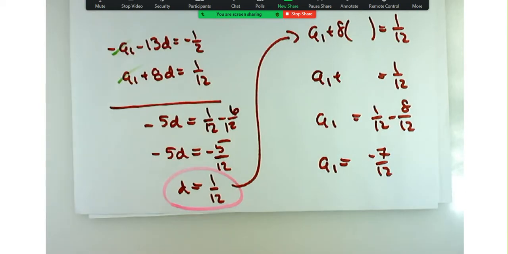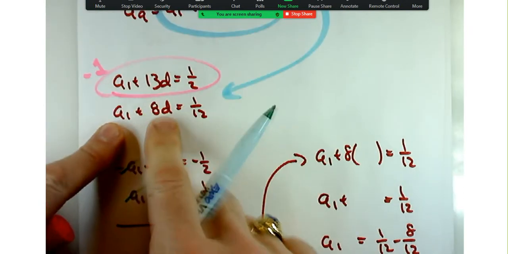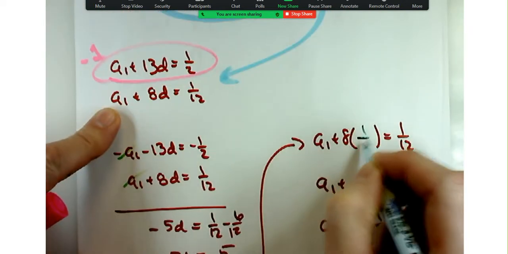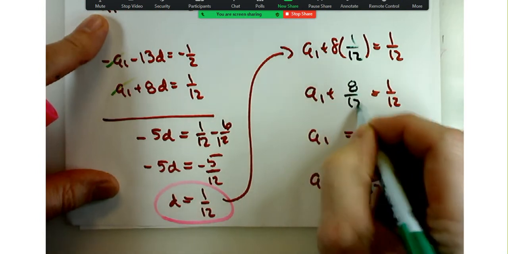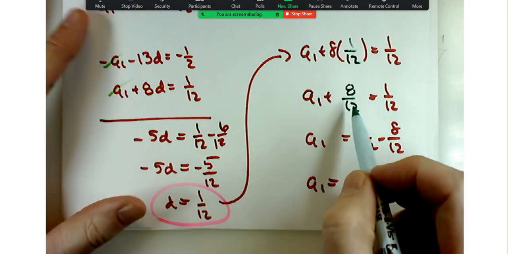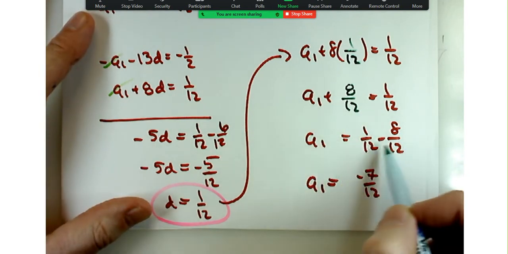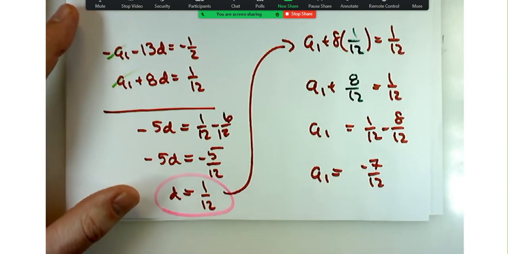Once you have d, take that value and plug it into this bottom equation, 1/12. That gives me 8/12. If you're tempted to write it as 2/3, that's nice of you, but if you keep it as 8/12, then you have common denominators. So when you move this to the other side, you can finish solving.